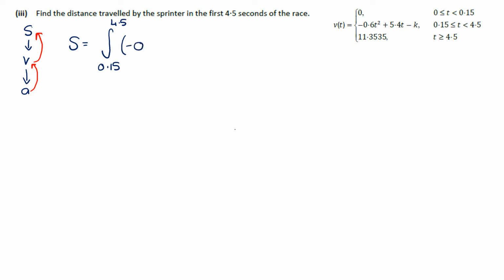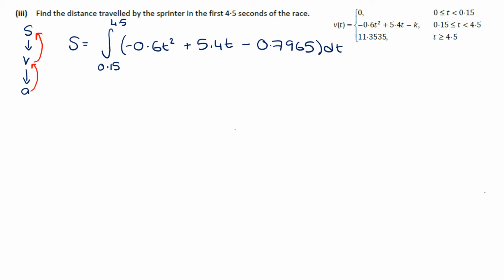So I have that minus 0.6 t squared plus 5.4 t minus 0.7965, and that's with respect to t, so dt.